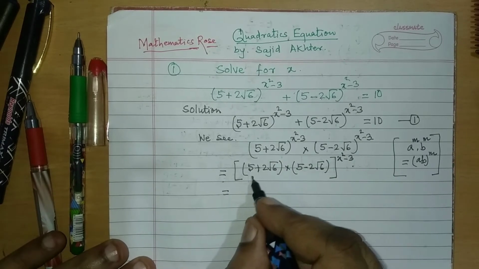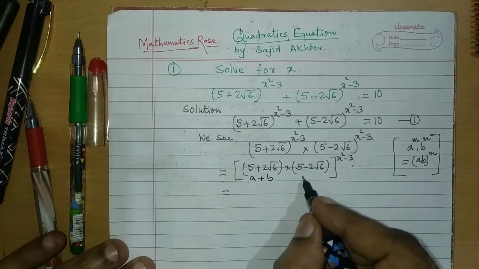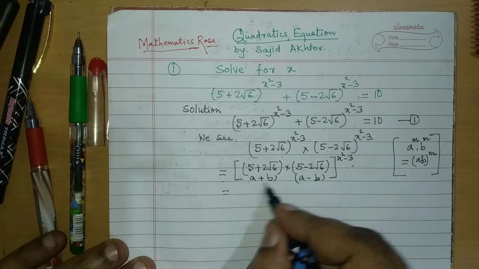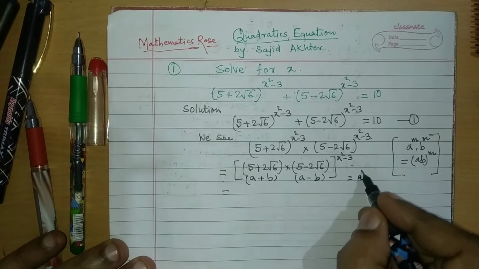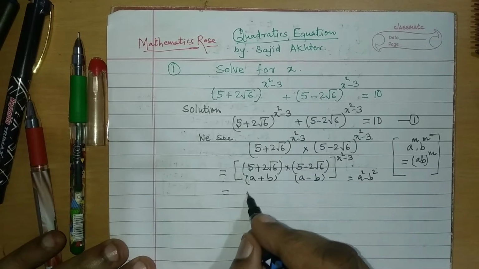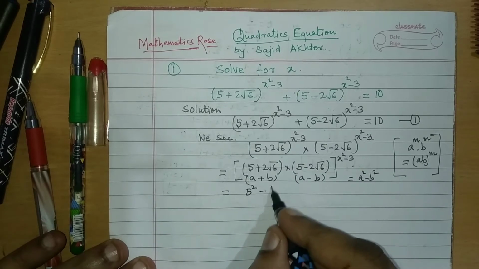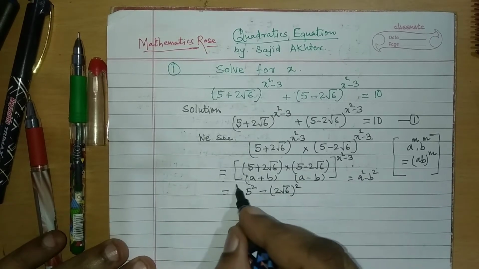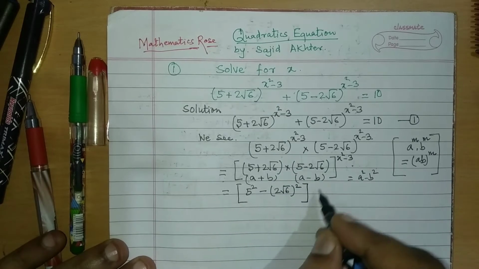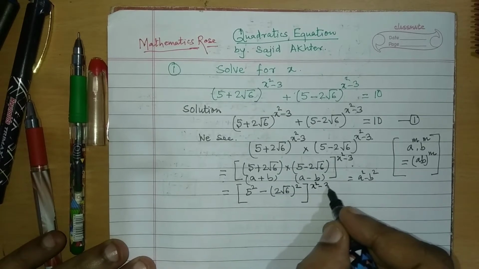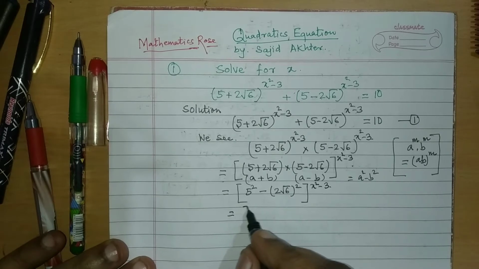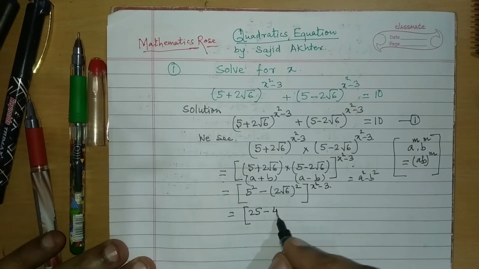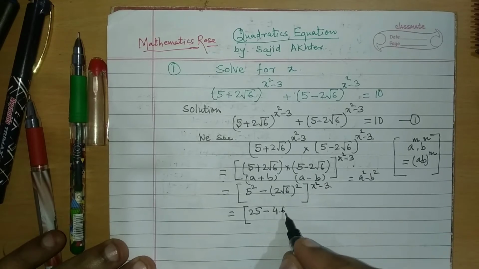This is in the form (a + b)(a − b), so it is a² − b². So it is 5² − (2√6)², to the power x² − 3. 5² is 25, 2² is 4, and √6 squared is 6.